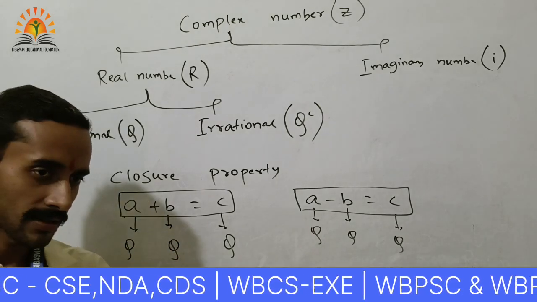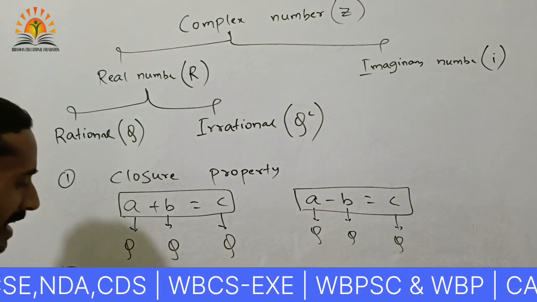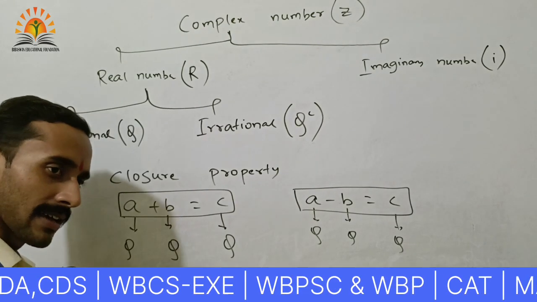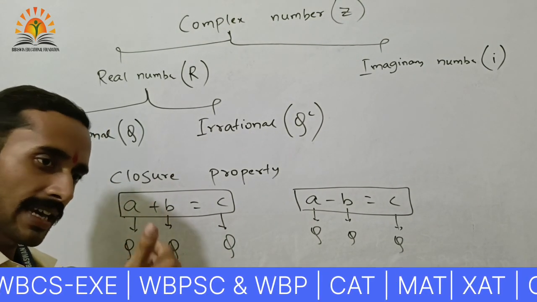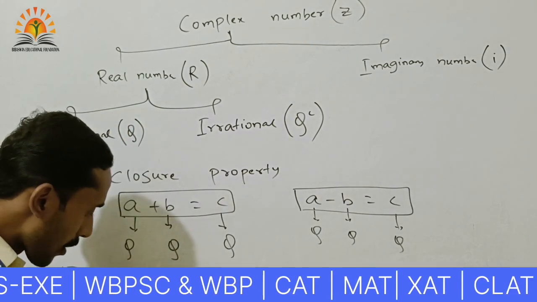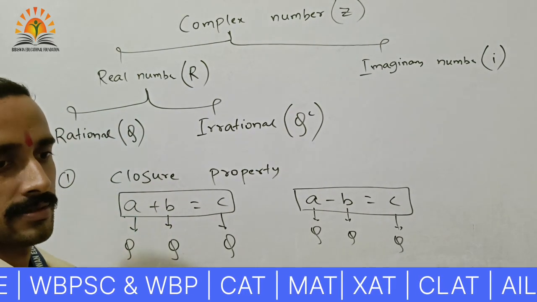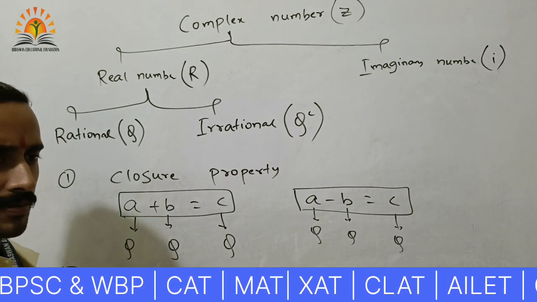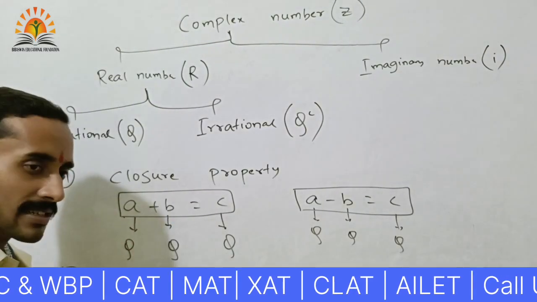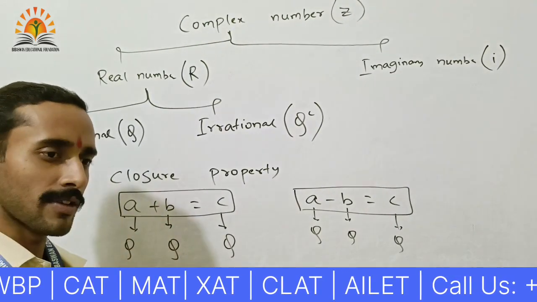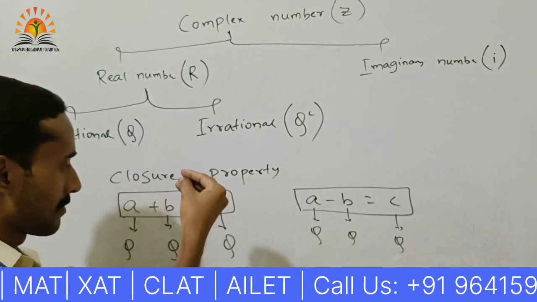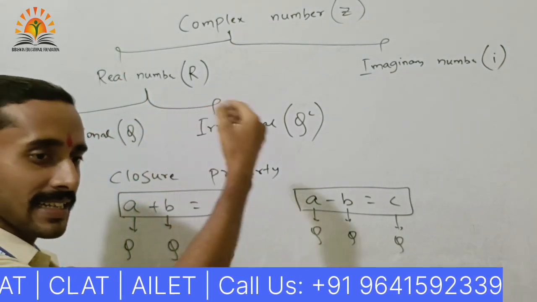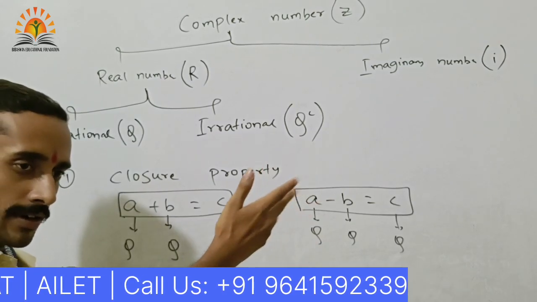Then I will ask a question. This is a very basic property that I know. If we add two numbers in any order, it will always be the same. So what is important to find in this property? This is not necessarily a special property, because if you add any two numbers, in natural numbers, whole numbers, integers, rational numbers, and irrational numbers, this property is followed.